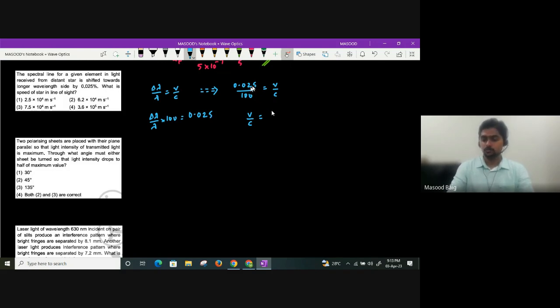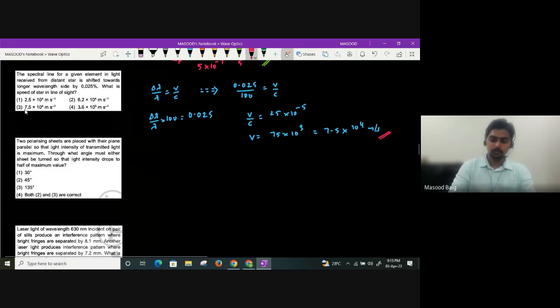So overall you will get V by C as 25 into 10 power minus 5. So V will be 25 threes, it is 75, so 75 into 10 cube, or I can write it as 7.5 into 10 power 4 meter per second.